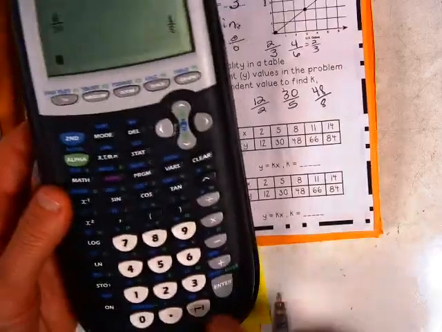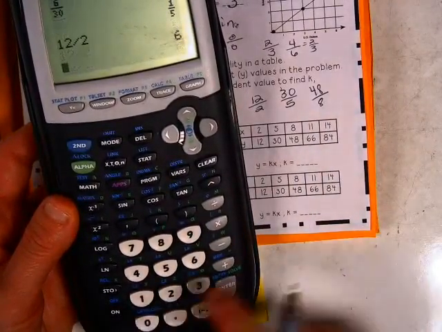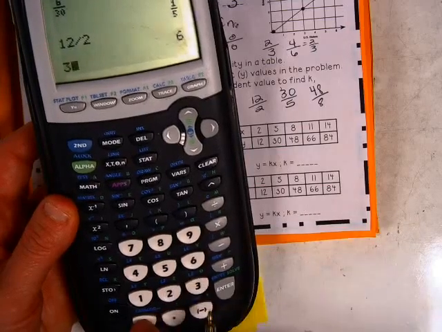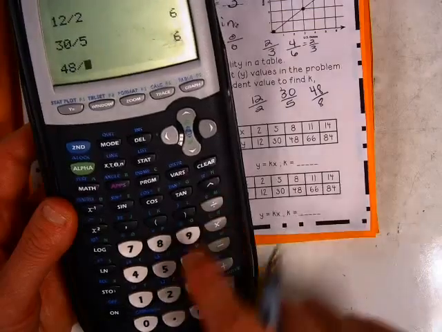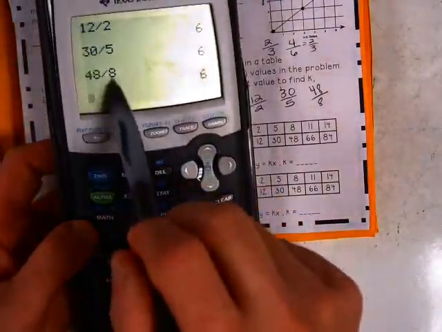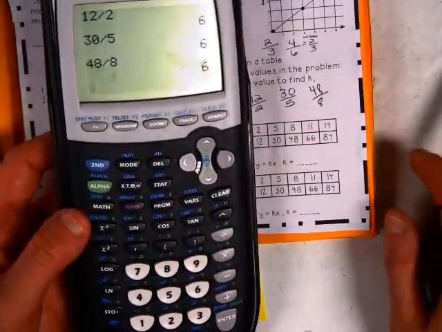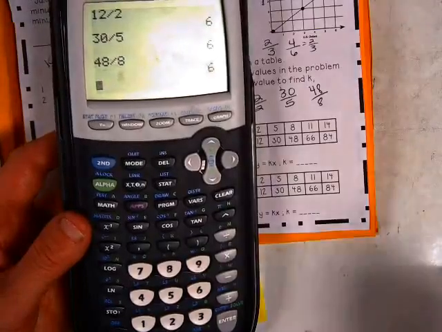So 12 divided by 2, 30 divided by 5, 48 divided by 8. Notice I did all these with just division.